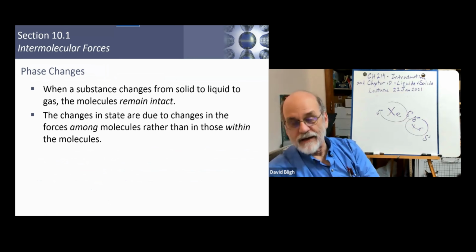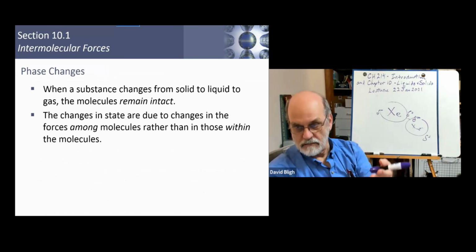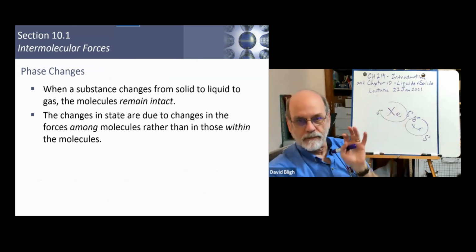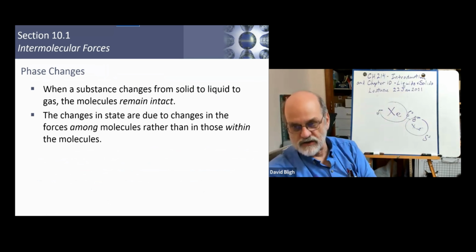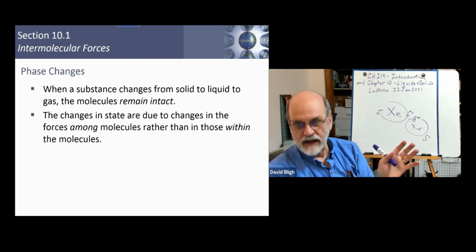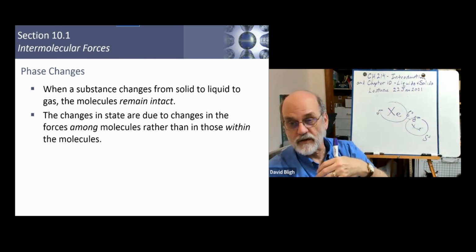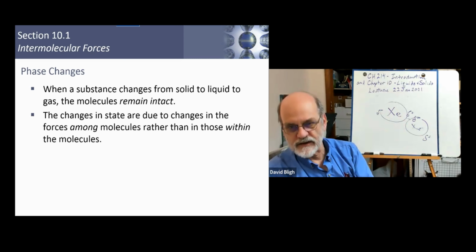Okay, evidence for these attractive forces I alluded to with this discussion have to do with phase changes. Why do substances, either molecular or elemental, why do they attract one another? How do we know? Because phases change.